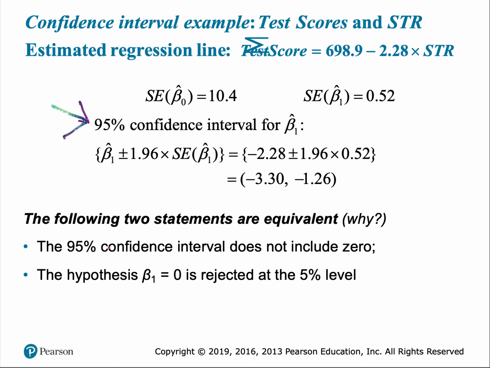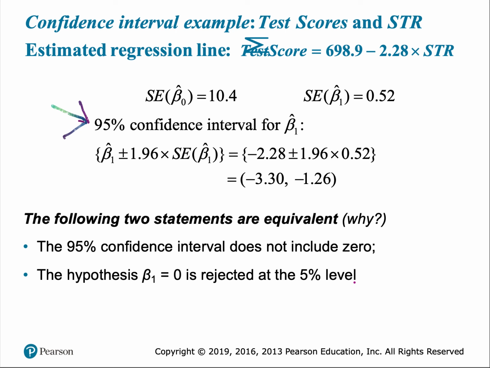Now the fact that this 95% confidence interval does not include 0 means that the hypothesis that beta 1 is 0 is rejected at the 5% significance level, and that is because we're saying that in 95% of all possible samples, beta 1 is never equal to 0.